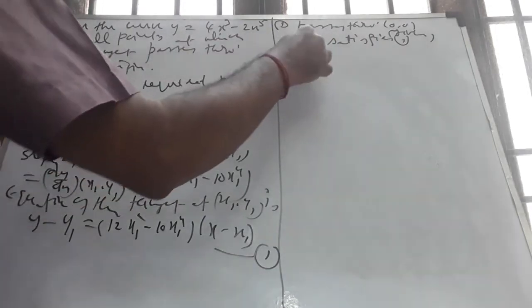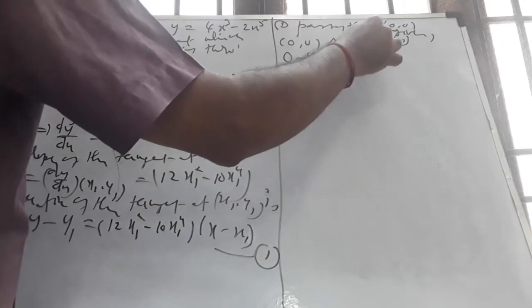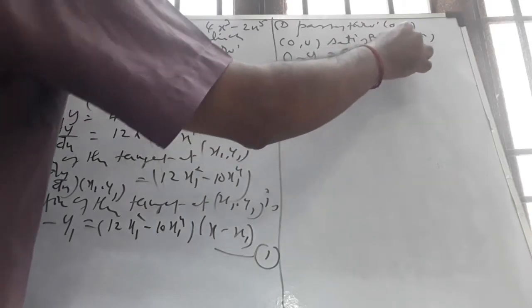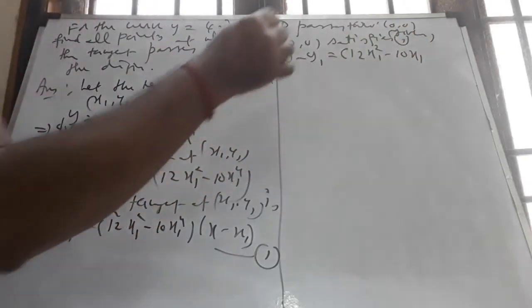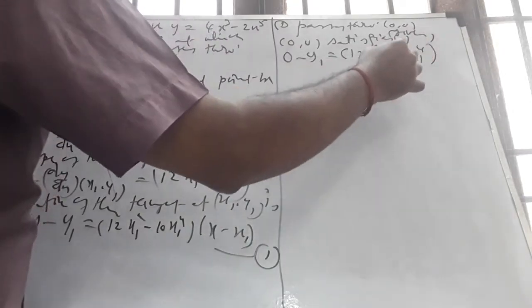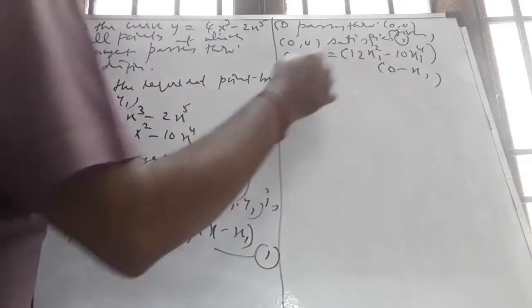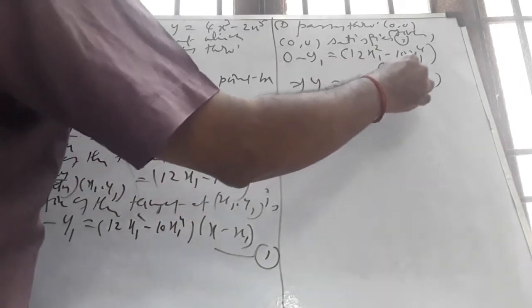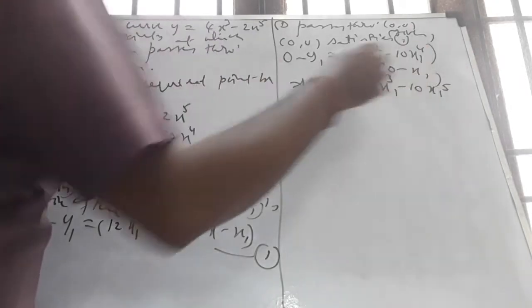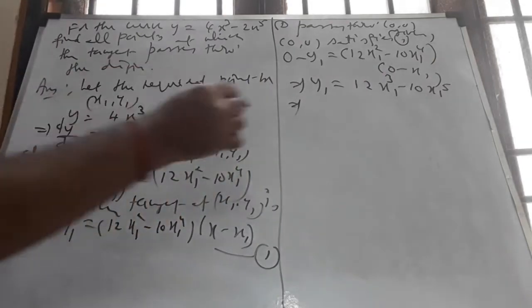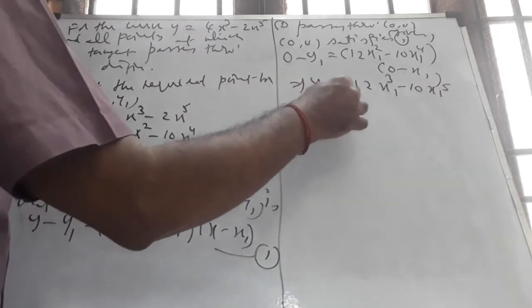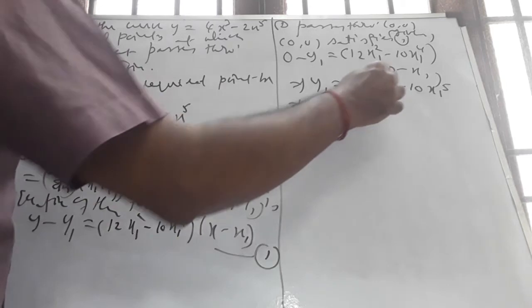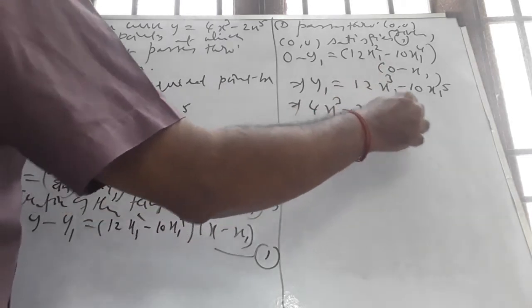Therefore I will get 0 minus y1 is equal to 12x1 square minus 10x1 power 4 into 0 minus x1, which implies y1 is equal to 12x1 cube minus 10x1 power 5, which implies 4x1 cube minus 2x1 power 5 is equal to 12x1 cube minus 10x1 power 5.